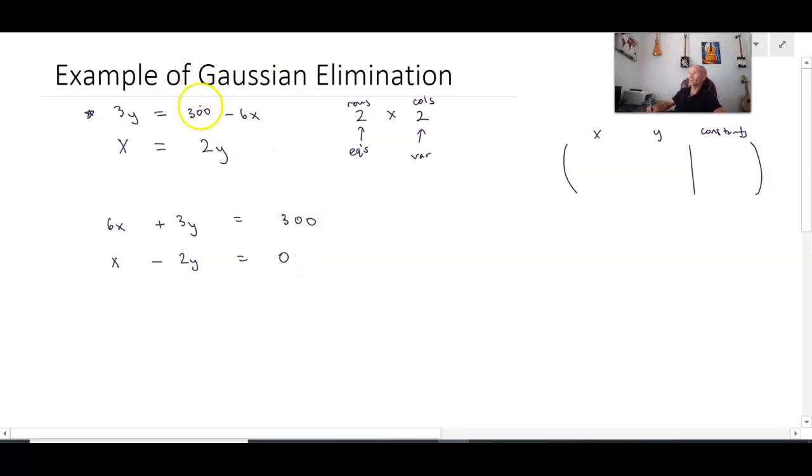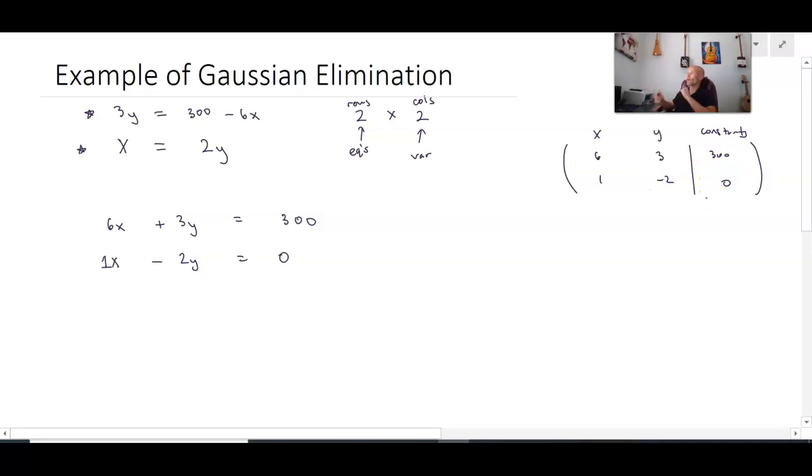So even though you don't see a constant, 0 is a placeholder for it. And our second equation is 1x minus 2y equals 0, which is, again, equivalent to the second equation. So I can put my constants and coefficients in here. So I have 6, 3, 300, 1, negative 2, 0.